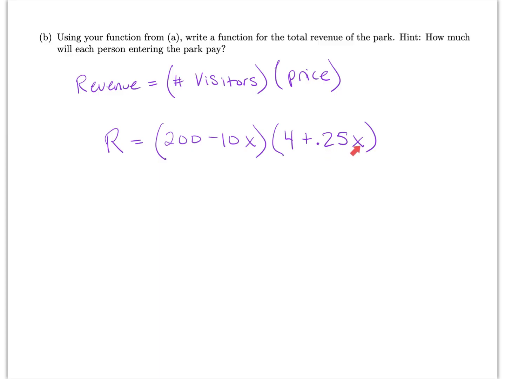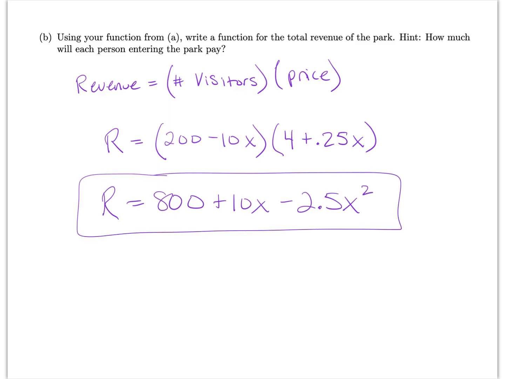And X is the number of price increases. So this is the price that each person pays. It depends on X, how many times we've increased the price. So if I multiply these together, I get revenue is 800 plus 10x minus 2.5x squared. I just did a quick FOIL, combined my like terms, and I end up with this formula for revenue.